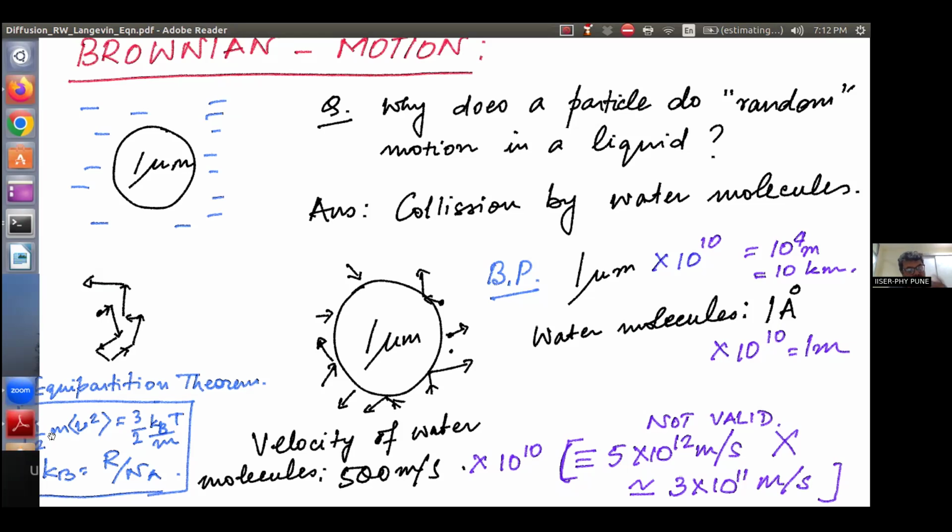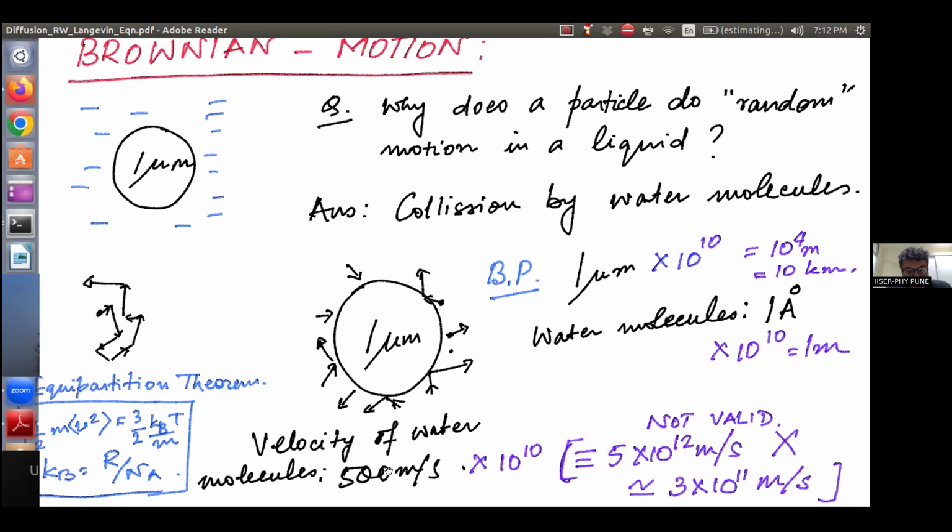You have to put in the mass of a water molecule, which is of the order of 10 to the power minus 27 kg. kB is R, the gas constant, divided by the Avogadro number, and T is 300 Kelvin, room temperature. You'll get something of the order of 500 meters per second.